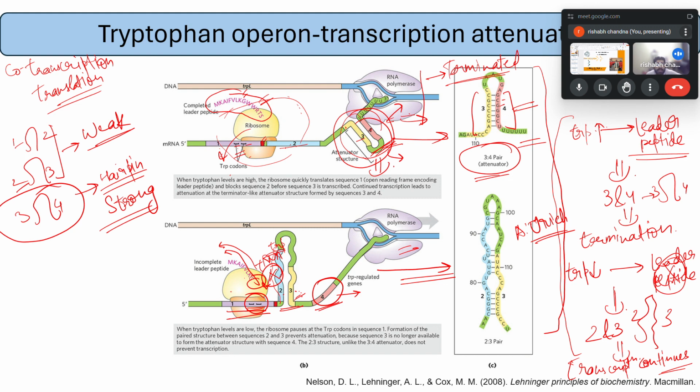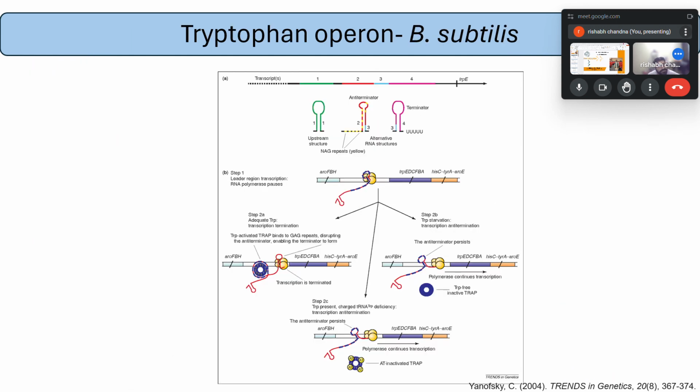Okay, and this leads to the end of the tryptophan operon in E. coli. So this part till here is the part for E. coli only. Now, moving on to the tryptophan operon attenuation in Bacillus subtilis. Here there is a slight difference in the attenuation.